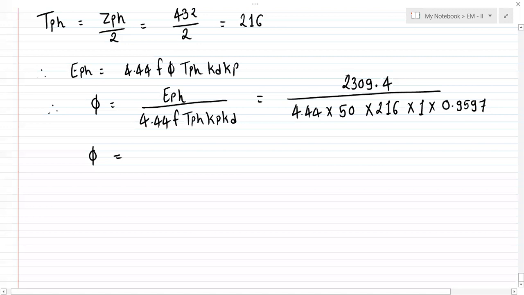Okay, so the answer given in the book is 0.05. One minute, let me also calculate.